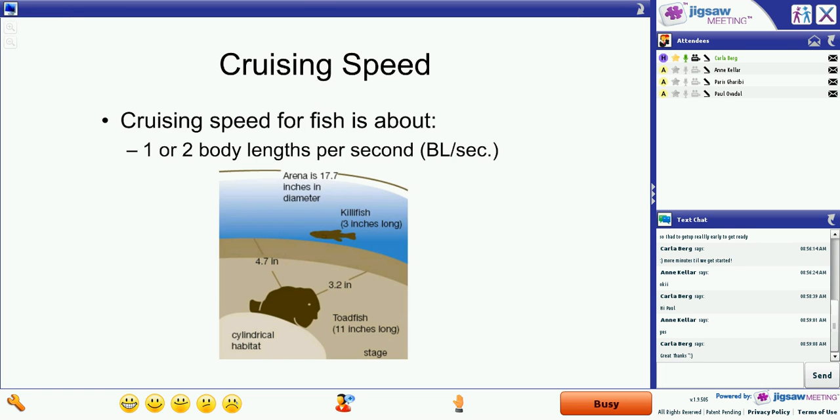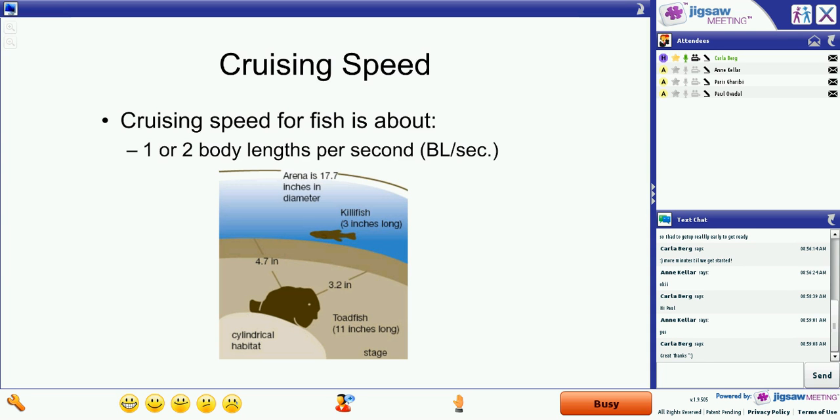Typically speaking, the cruising speed, or the speed at which a fish can move, is about 1 or 2 body lengths per second. So if you have a very small fish, it can move 1 or 2 body lengths a second.